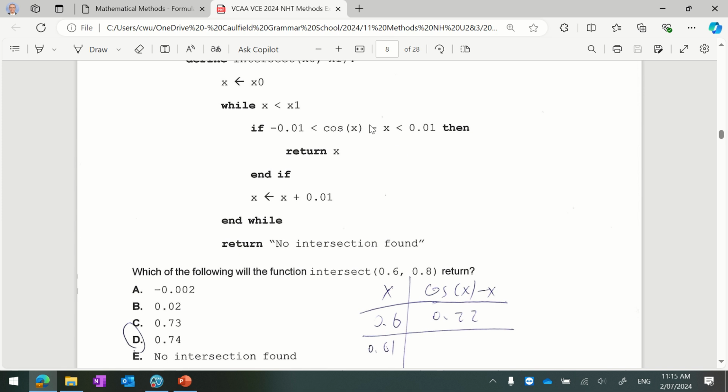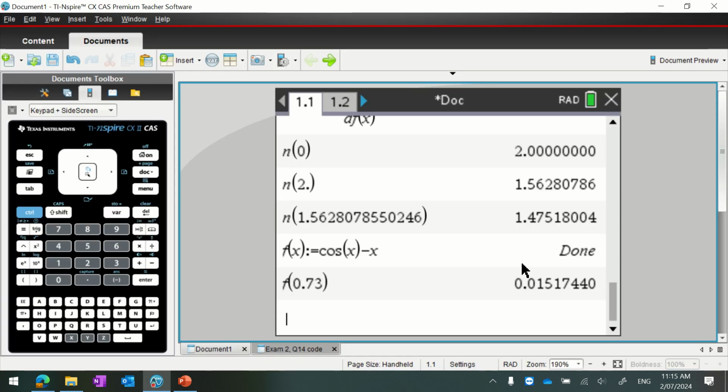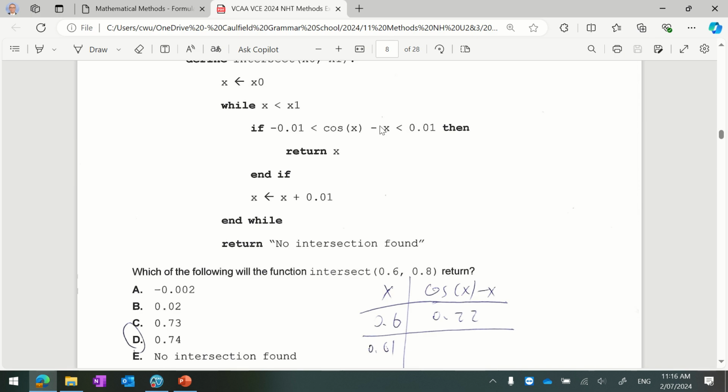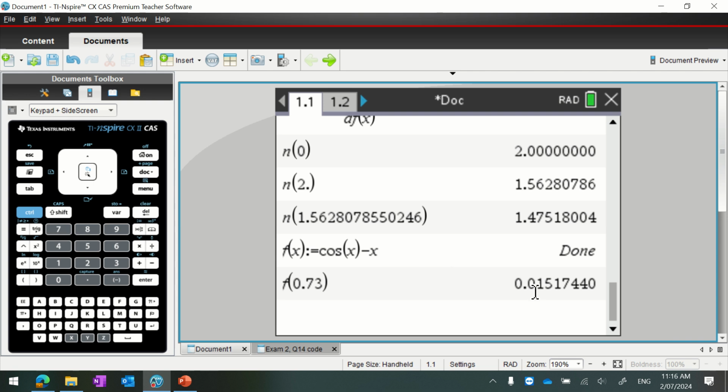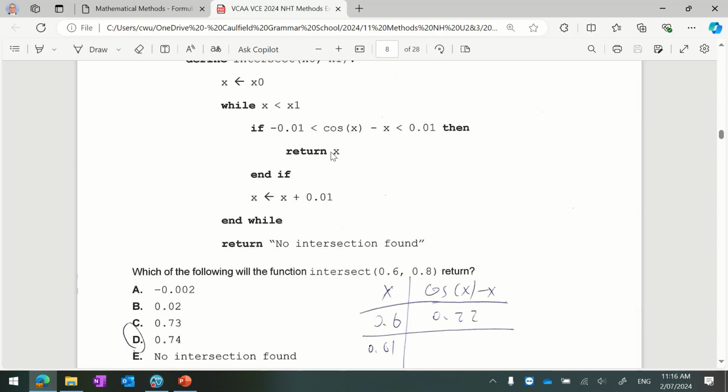Pseudocode is going to know that this condition is not satisfied, right? So cos x minus x is not between 0.01 and negative 0.01. It's bigger than 0.01. You can see in the calculator. So it is not going to return 0.73.